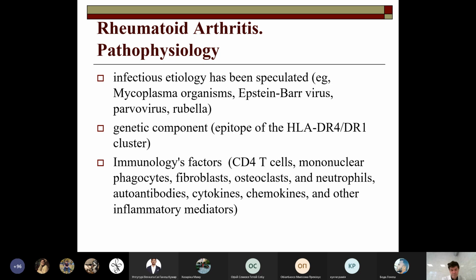And the genetic compounds, some epitopes of HLA-DR4, DR1, and frequently the combination DR4 cluster plus DR1 can be associated with the risk of the onset of juvenile rheumatoid arthritis.